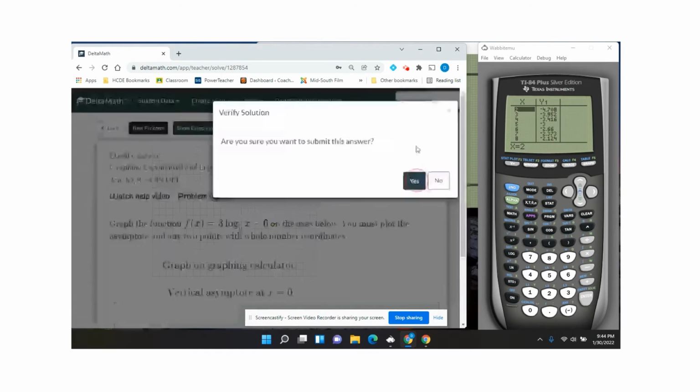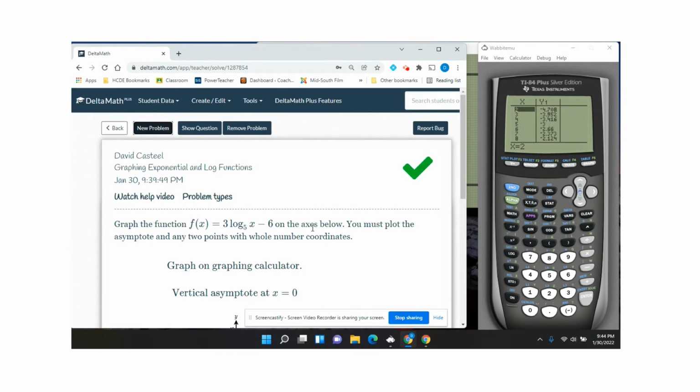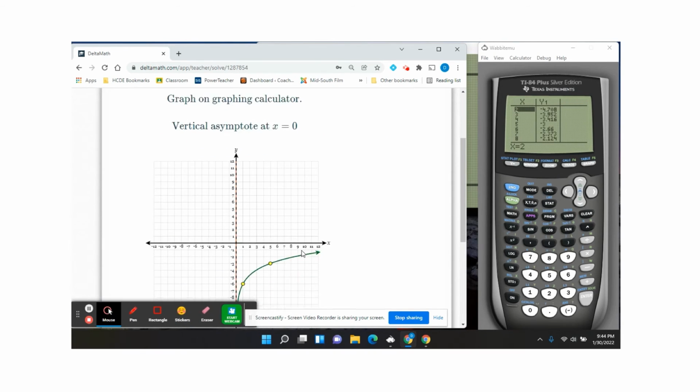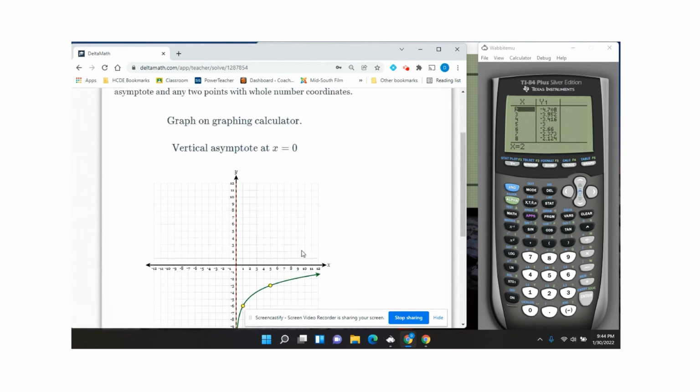I want you to get accustomed to, one, typing these in, but secondly, I want you to be able to look at your table and determine what's happening. And you'll also see the asymptote. Remember, vertical asymptote, straight up and down. Horizontal is left or right. Horizontals are the ones that will show up when you have an exponential function.